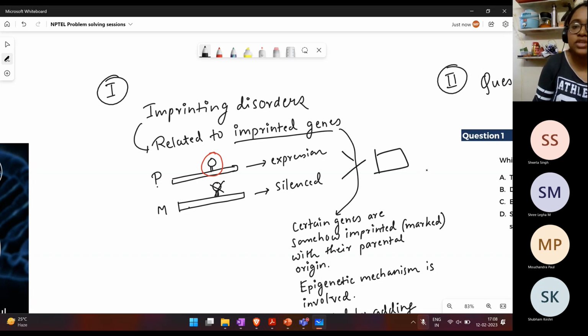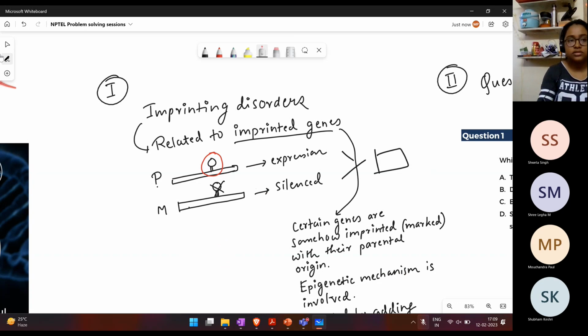So as a result, it will be like the offspring didn't receive the gene at all. The gene was not present in the son, because of which the son will express a diseased phenotype. Common imprinting disorders are Prader-Willi syndrome and Angelman syndrome. These are a few imprinting disorders.